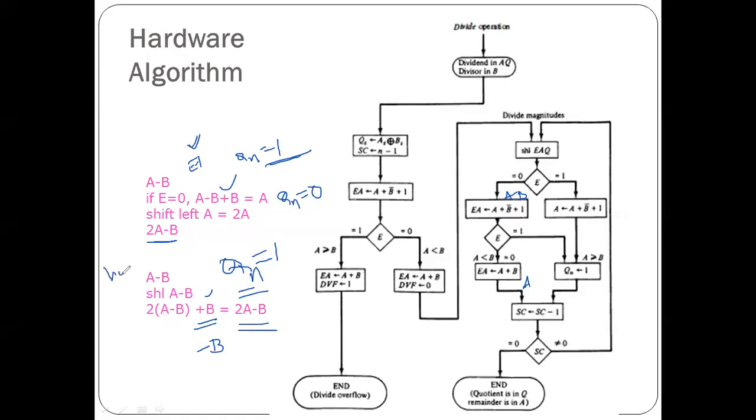This is the non-restoring method. Whether you have to add B or subtract B in later cases is decided by the previous Qn.